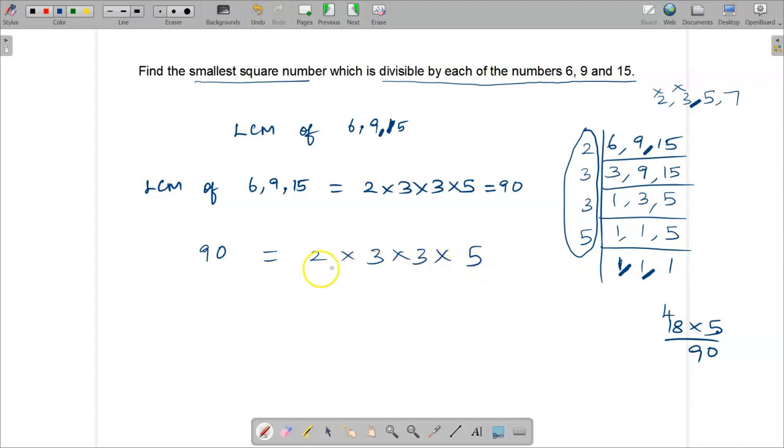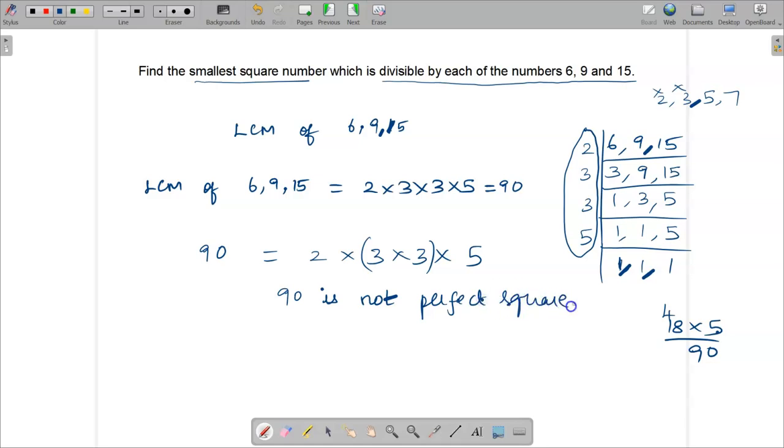Whether it is a perfect square or not: for a perfect square, each and every prime factor should occur in a pair, right? So here only 3 is occurring in a pair. 2 and 5 are not occurring in pairs. So 90 is not a perfect square.